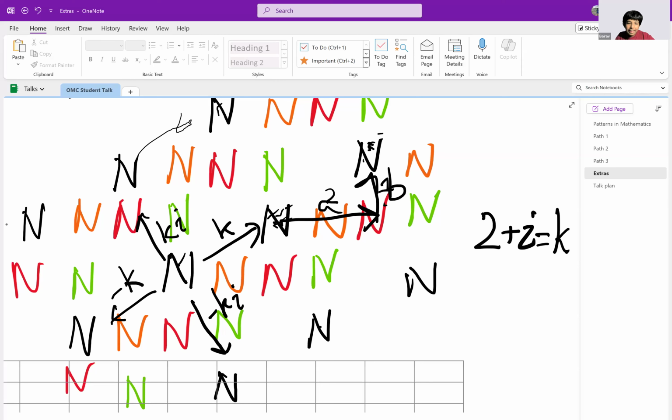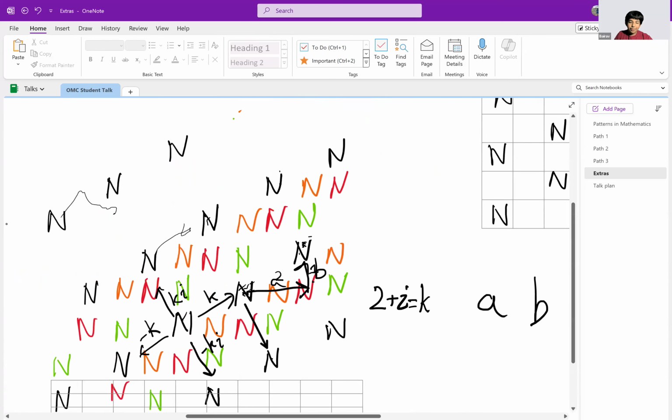So when we look at this lattice, we are really looking at all the multiples of k. That's cool. So that is why we get the symmetry of here.